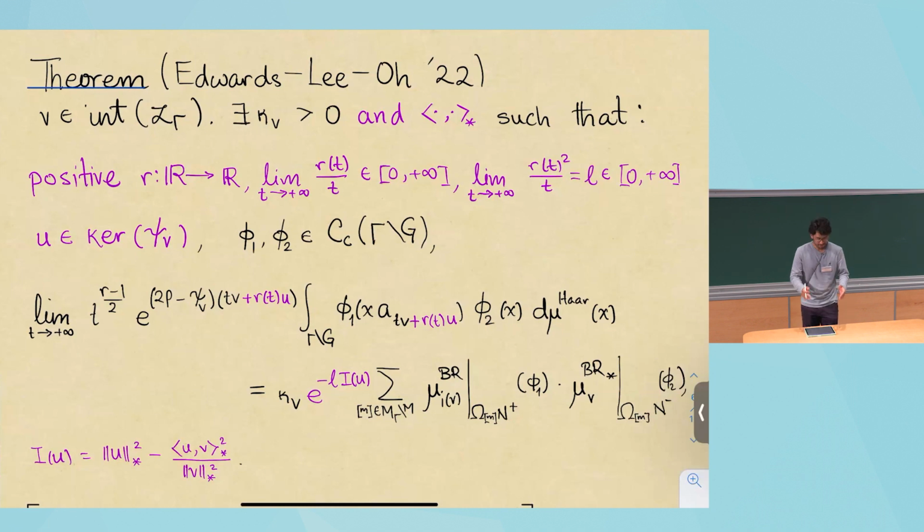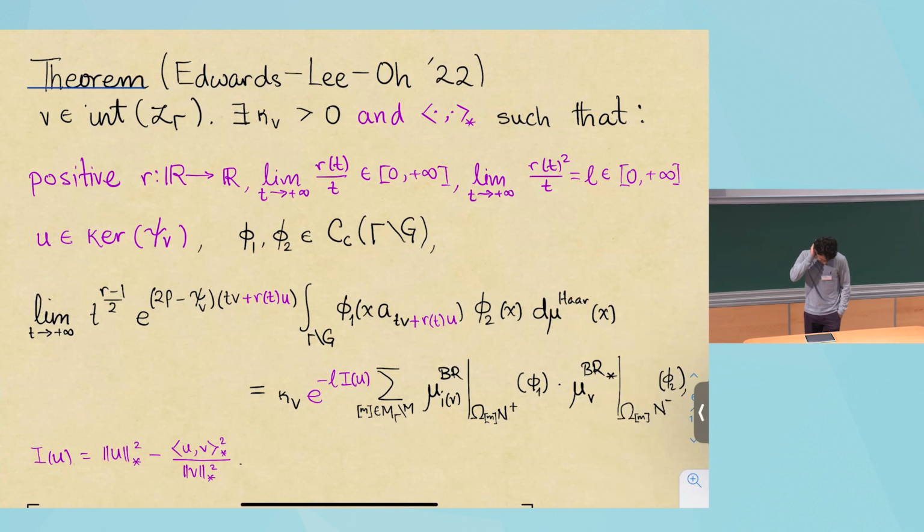And because of this phenomenon that you have these ergodic components of omega, you have to have this sum over these ergodic components. But what's the point?